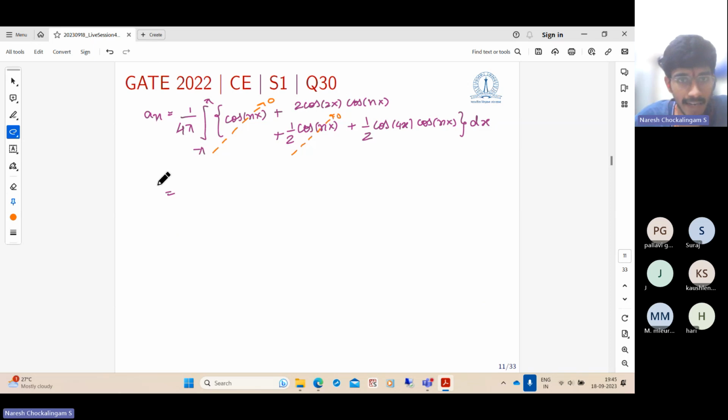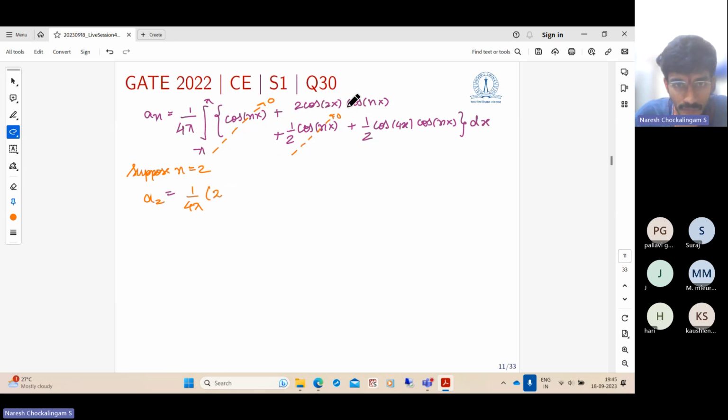Therefore, let me write it. Suppose n equal to 2. What is a2? A2 is 1 by 4 pi, you get cos 2x cos 2x, and cos square 2x, we saw that cos mx cos nx integrates to pi.